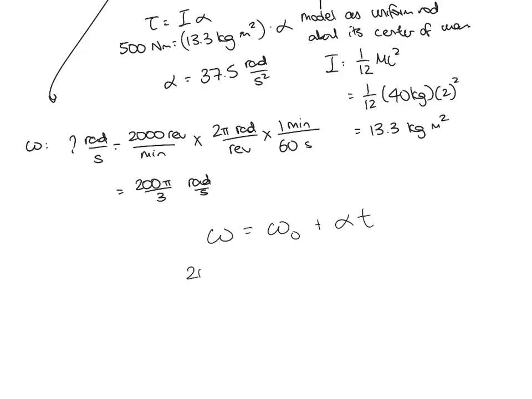Omega here is 200 pi over 3, omega naught is 0, because that's what we start with, plus 37.5 t. And if I punch all of this into a calculator, I find that the time is 5.6 seconds.